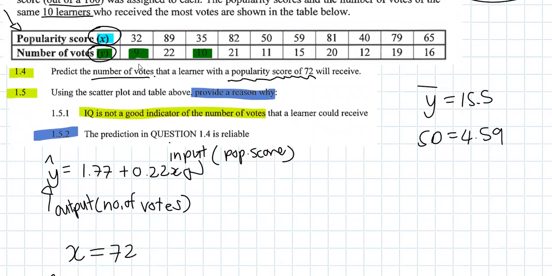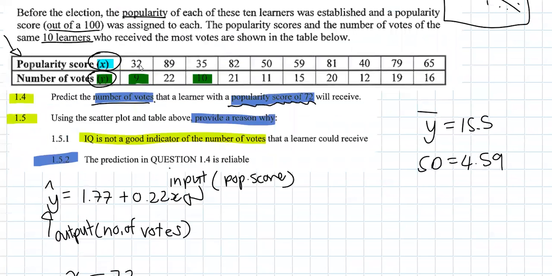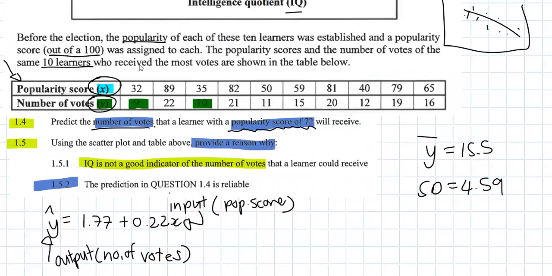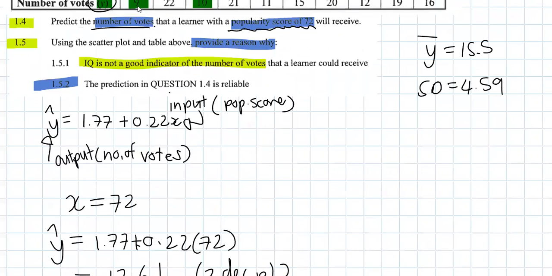So we had 1.4, predicted popularity against votes. Why is this reliable? Well, reliability relies on our correlation coefficient R. So let's take a look at that.